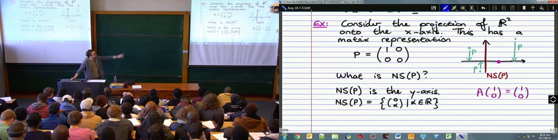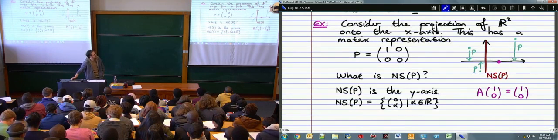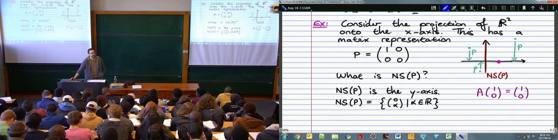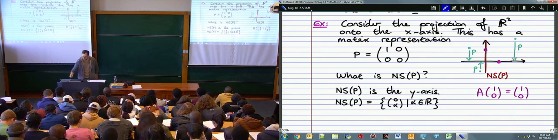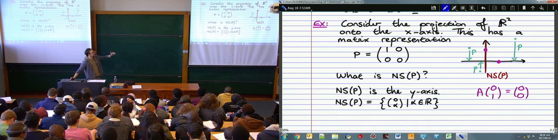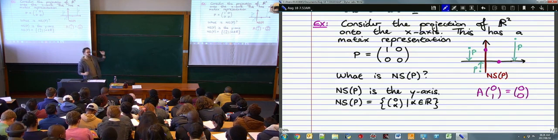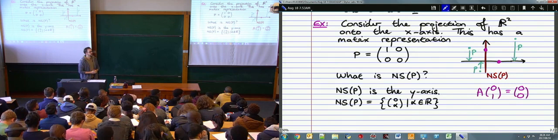So there's no way something on the x-axis can be there, because it stays on the x-axis away from the origin. On the other hand, if we act on a point over there, that gets projected down onto the origin, so that would be in the null space. So it's not the things that are left unchanged, it's the things that get transformed or sent to the origin.